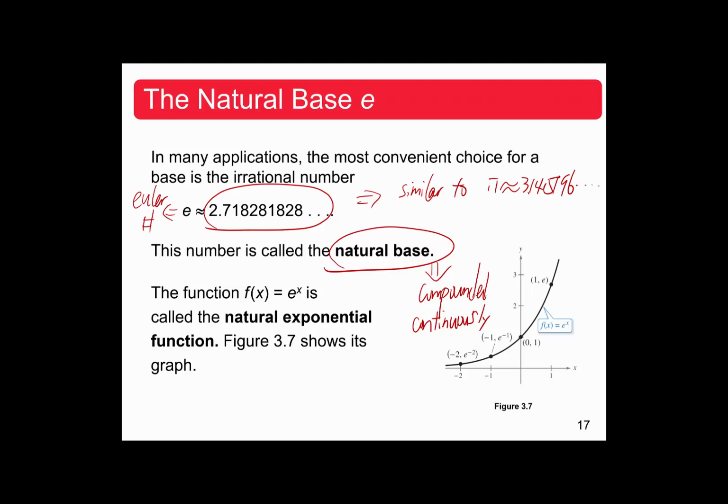So two famous applications: population growth or population decay, because population is increasing at a continuous rate, meaning every single moment as newborn babies arrive. So that means it's continuous growth. And the second thing is interest compounded continuously.